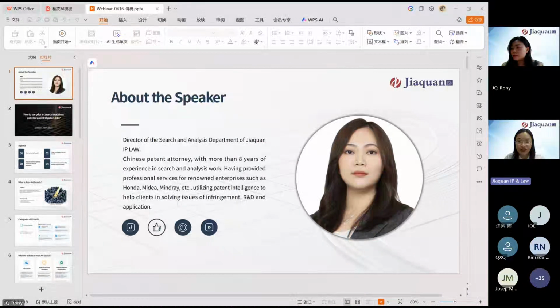Over the past few years, we have provided critical assistance to corporate clients in dispute resolution, R&D support, and patent portfolio development through patent search and analysis, particularly prior art search.